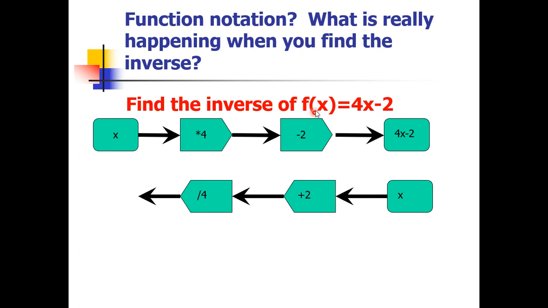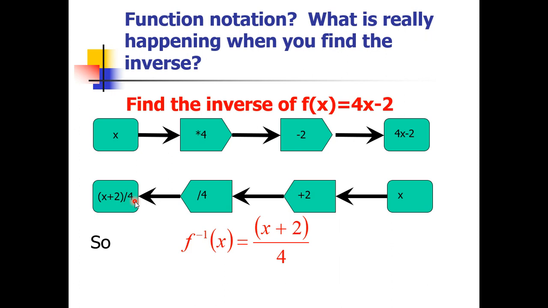And bakit po nagkaroon ng over 4? Kasi po para tanggalin po natin yung coefficient kay x, kaya po nagkaroon ng division of 4. Resulting of x plus 2 over 4. And this will be the inverse. Okay, so the inverse is f raised to negative 1 of x is equal to x plus 2 over 4.